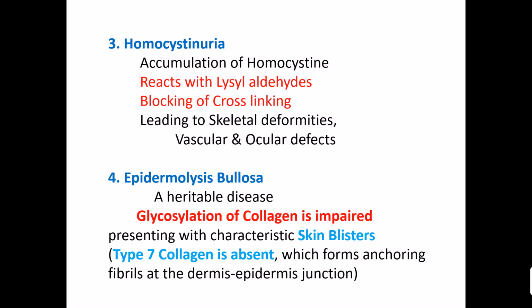Here the glycosylation of collagen is impaired, and that leads to the characteristic skin blisters, because there is absence of type 7 collagen, which functions as the anchor for fibrils at the dermis and epidermis junction, and that leads to the skin blisters.